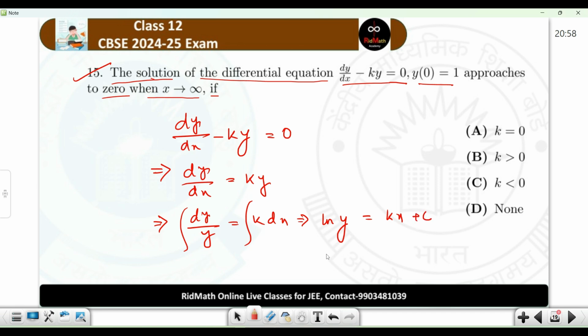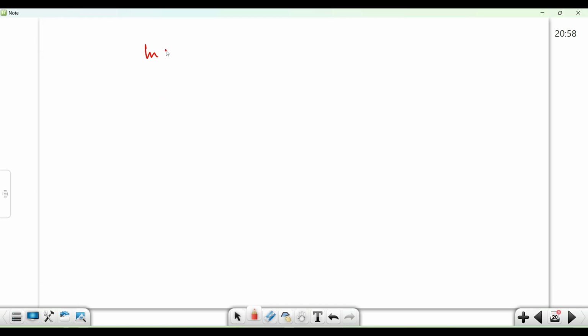So at x equal to 0, y equal to 1. That means k into 0 plus c is equal to ln 1. So c equal to 0. So ultimately we are getting ln y equal to kx. Now this is ln y by x equal to k.